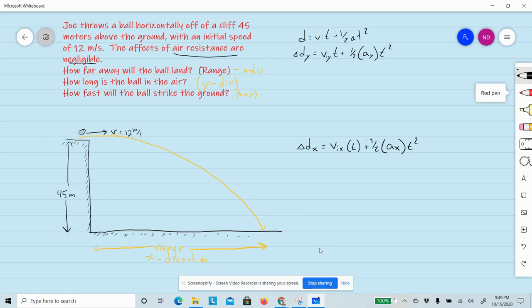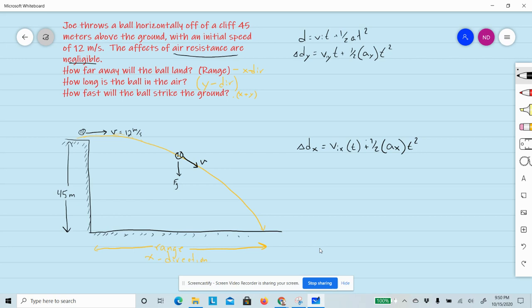Okay, something that's really, really important. When the ball is over here, or any place in its path, as long as we're neglecting air resistance, the only force acting on it is gravity. Its velocity will be along this path, but the only force acting on it is gravity.